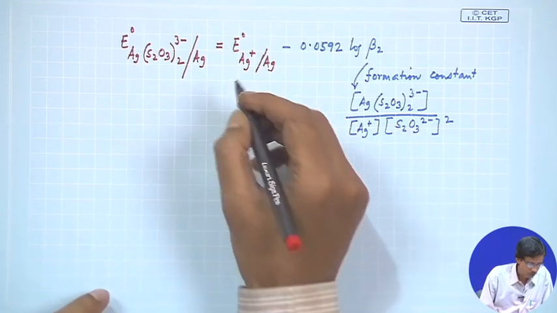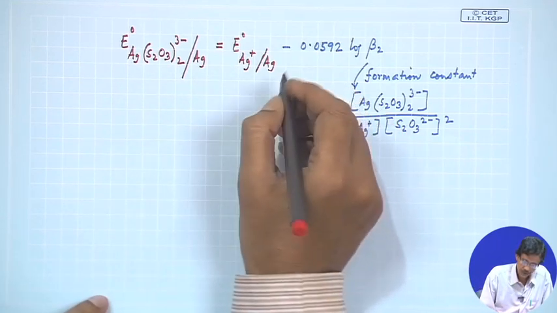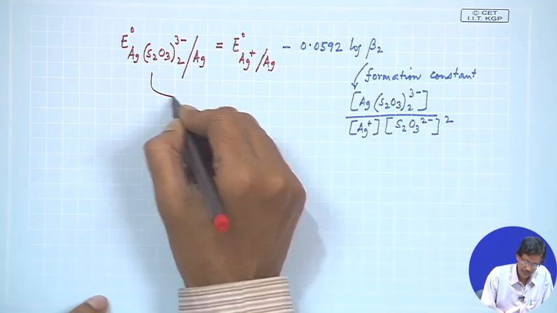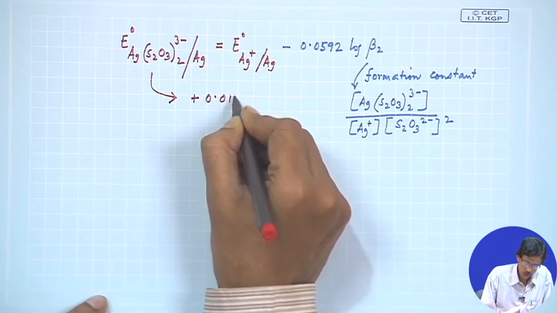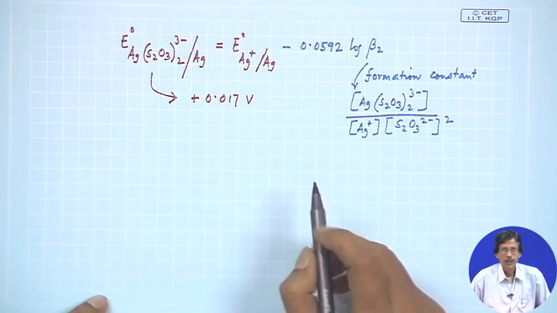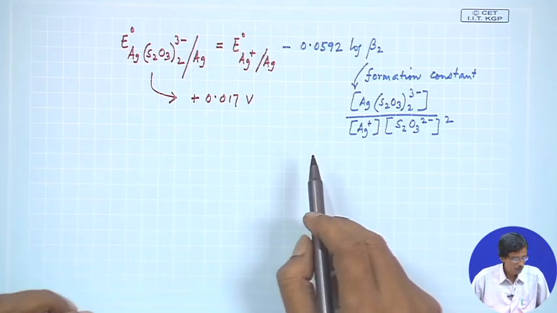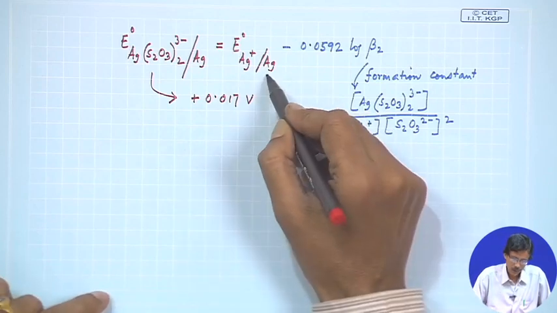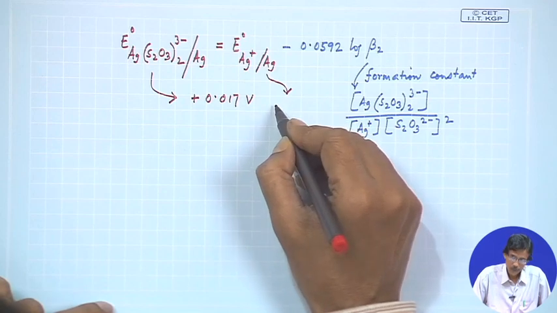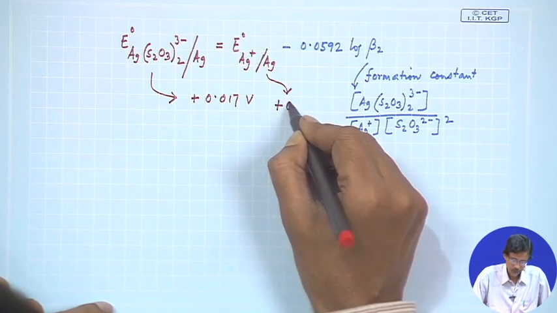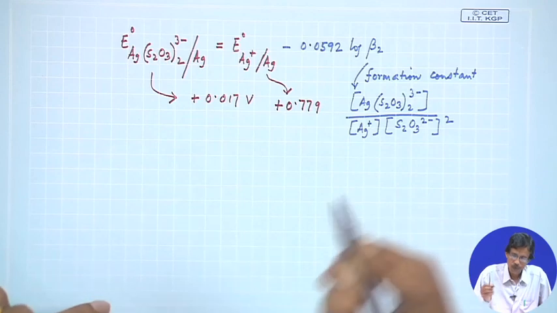So, putting these values in, that will then be equal to plus 0.017 volt. That gives us very useful information, when you compare it with the E0 of the silver ion and silver, which is plus 0.779 volt.